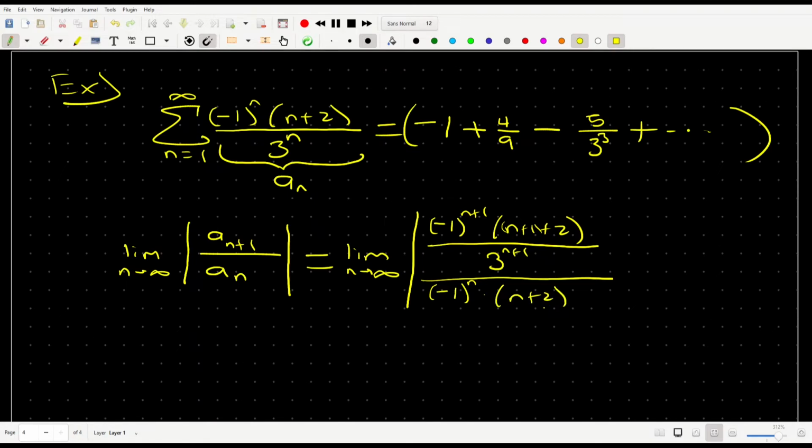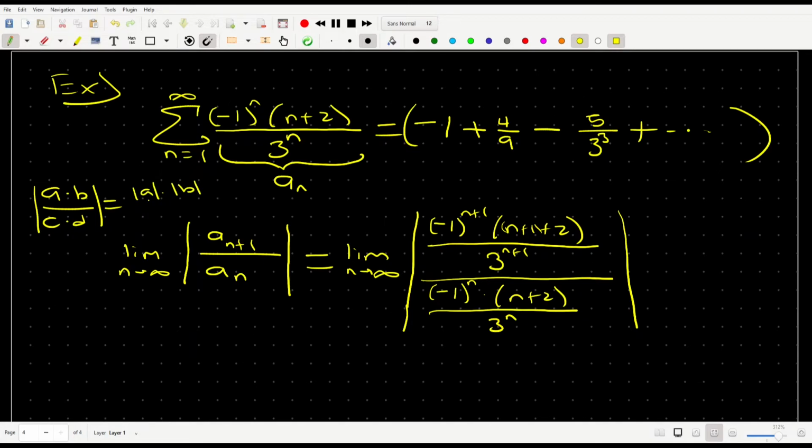And at first this looks a little bit intimidating, but it's not that bad, especially if we remember how absolute values work. If you take the absolute value of a times b over c times d, this is the same thing as the absolute value of a times the absolute value of b over the absolute value of c times the absolute value of d.